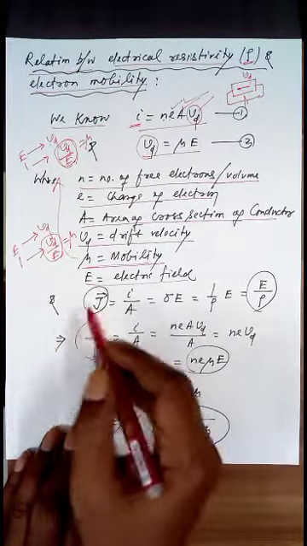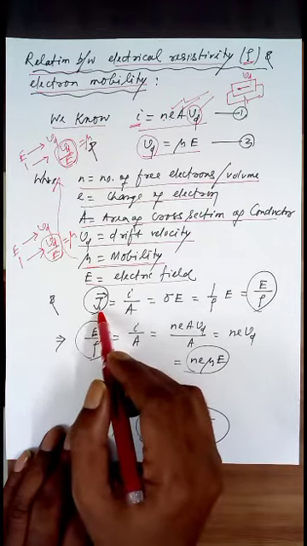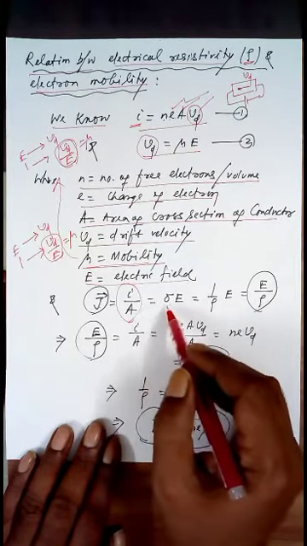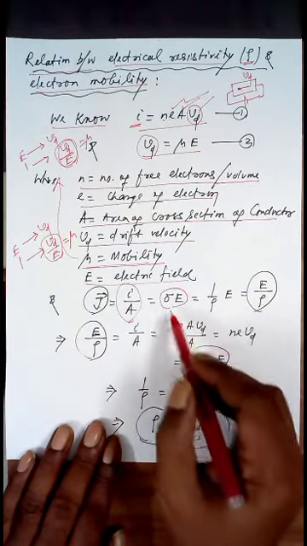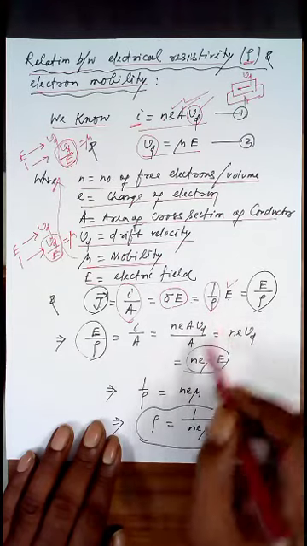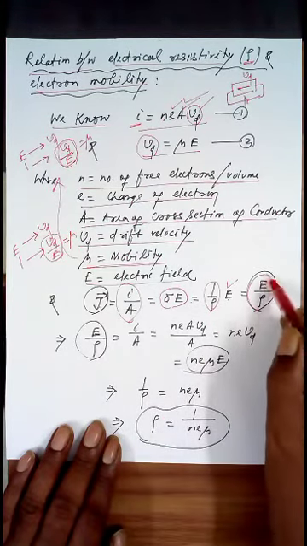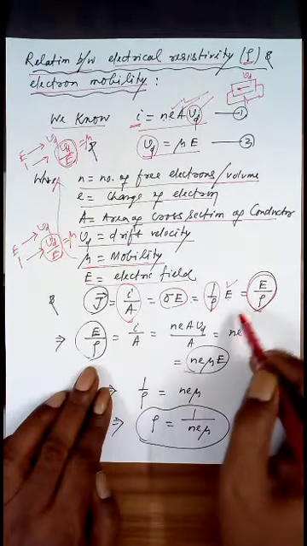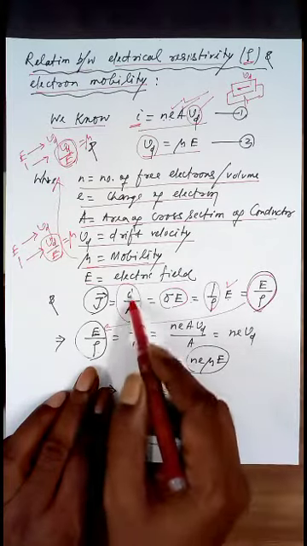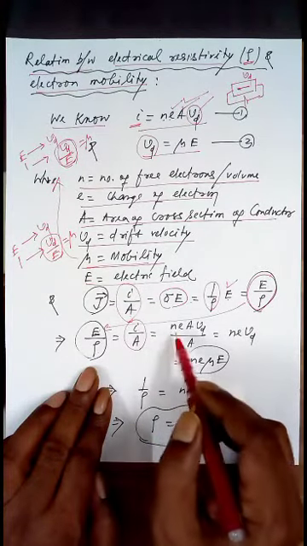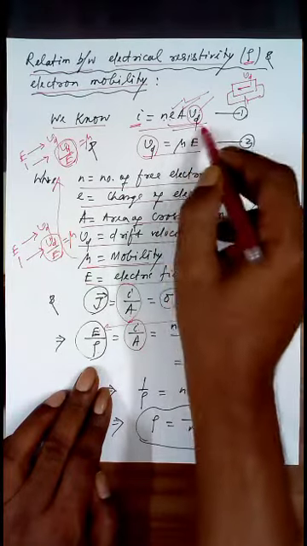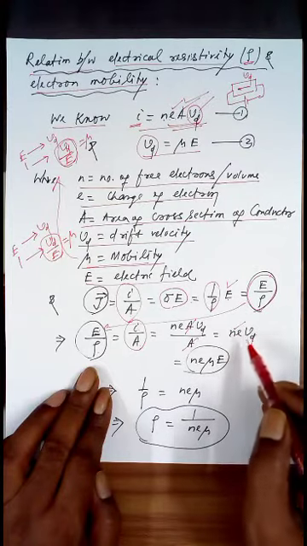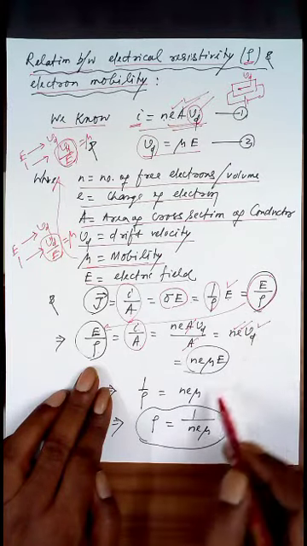And we have just derived a few minutes back that J, current density, was I over A. Now that was equal to your sigma E. Now sigma is 1 over rho, into E remains the same, so that is equal to E over rho. Now E by rho is equal to I by A. I is equal to nEA VD, and A is A, so A cancels, so I am left with n e VD: number of electrons per unit volume, charge of electron, drift velocity.